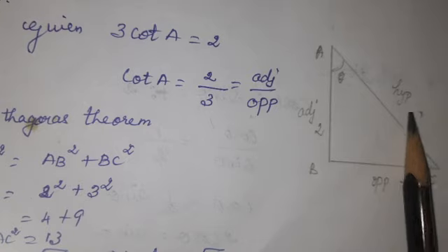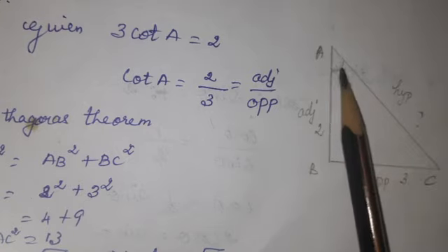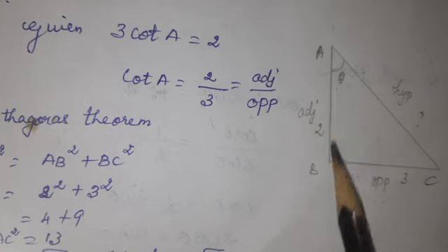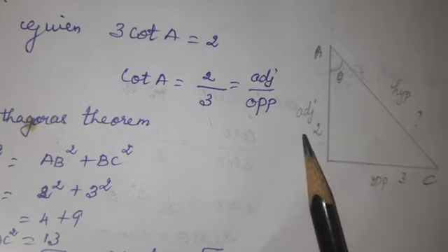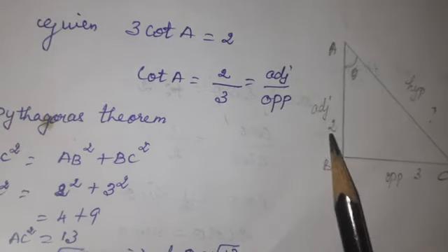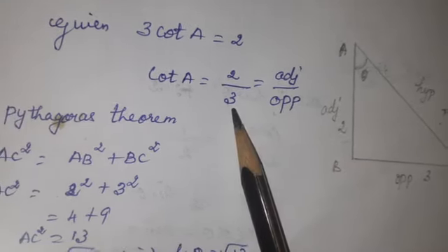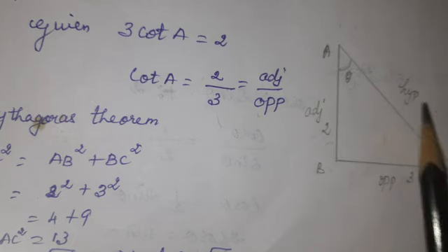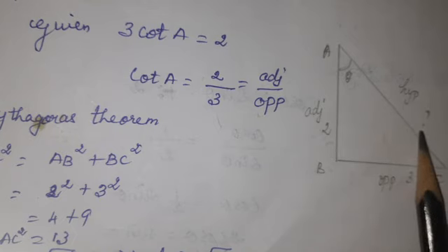AC is the hypotenuse. In A place angle is forming, so this is the opposite side. AB is the adjacent side. We know that adjacent value is 2, here I have written 2. Opposite value is 3, in the diagram I have written 3. We don't know the hypotenuse, so I marked it as a question mark.